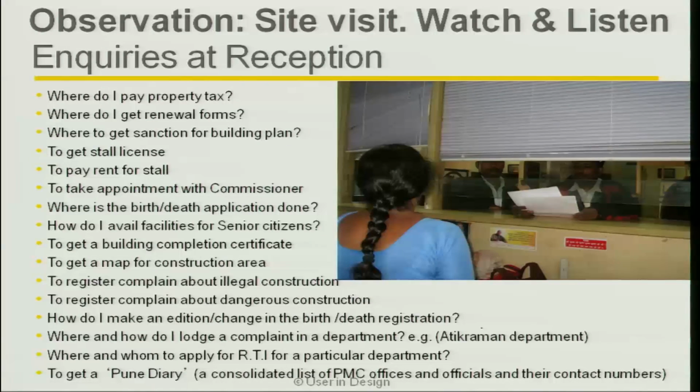How do I make a change in the birth death registration? Where and whom do I apply for RTI to a particular department? So these were all the things that people were asking. These are very strong insights in how we should design this public-facing portal that we were looking to embark on, right?